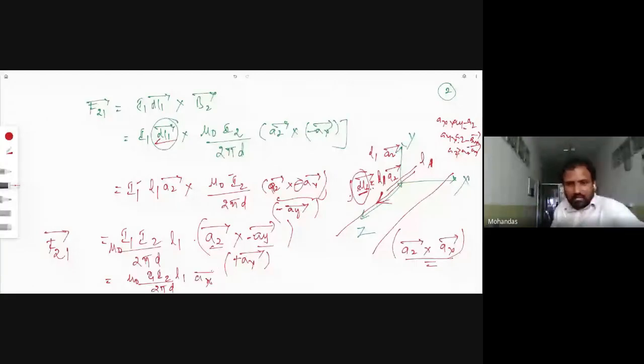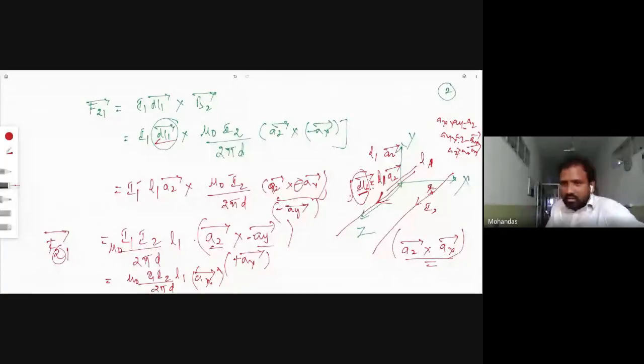See here, in the direction of Ax, which conductor? Force due to conductor 2. Due to the current I2 in this conductor, by sitting on conductor 2, you are sitting on this conductor.